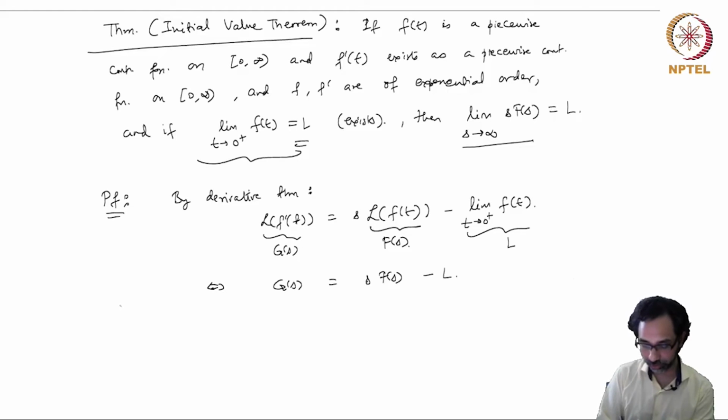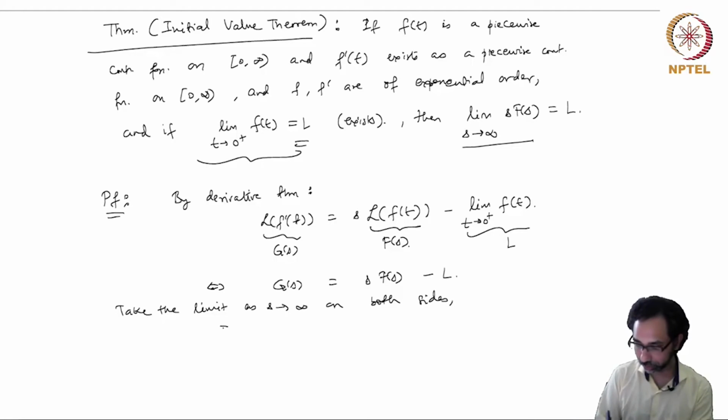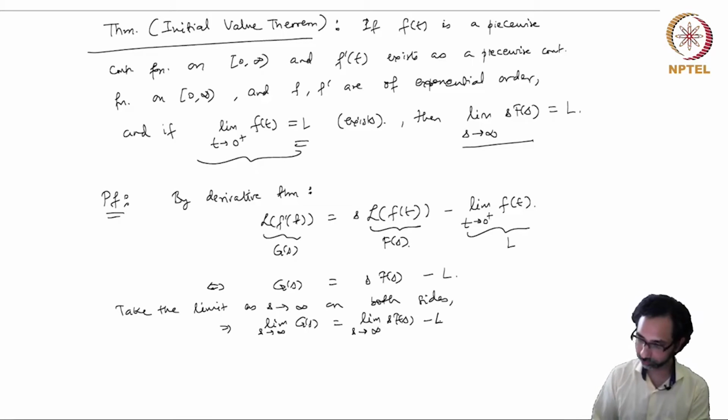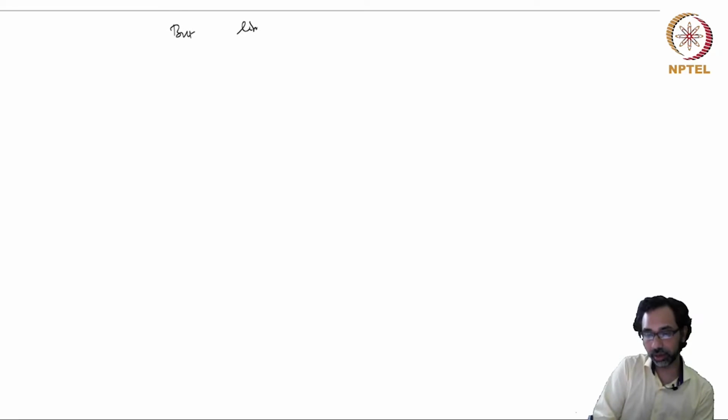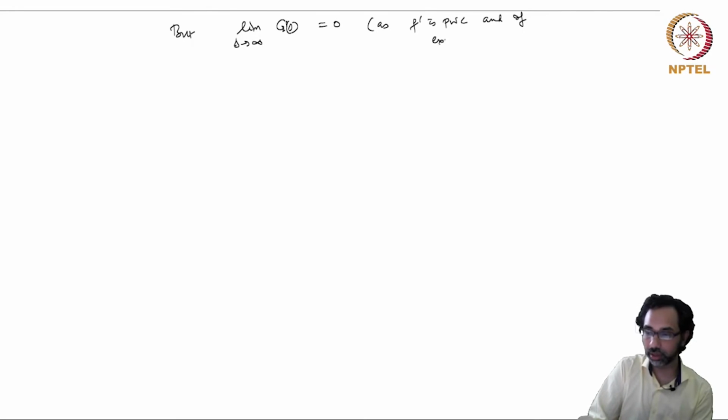Now if we take the limit as s goes to infinity on both sides, this implies that the limit as s goes to infinity of G(s) is equal to the limit as s tends to infinity of sF(s) minus L. We have that the limit as s tends to infinity of G(s) is always 0 as f' is piecewise continuous and of exponential order.